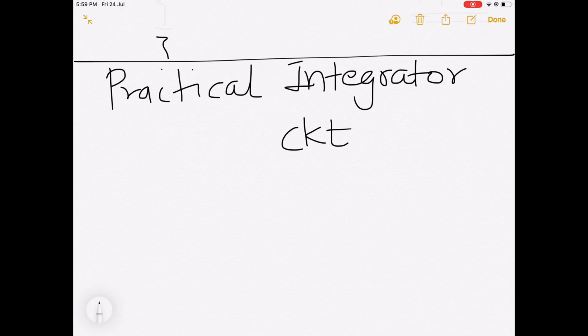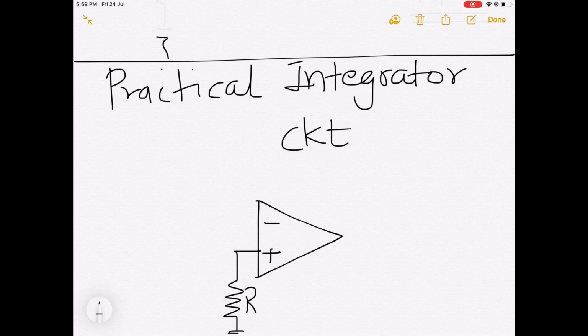So I am drawing this diagram here, op-amp with this compensation resistor. This compensation resistor is used to compensate bias currents.